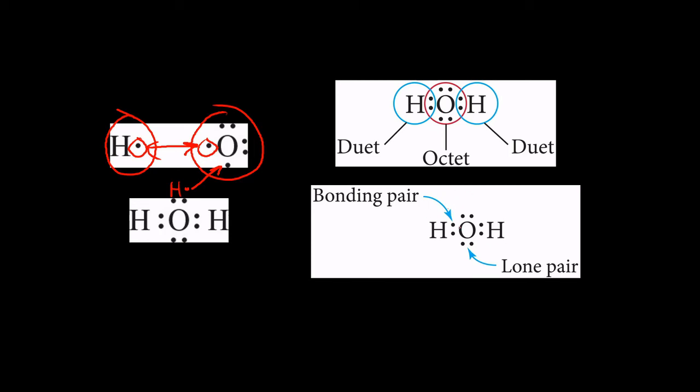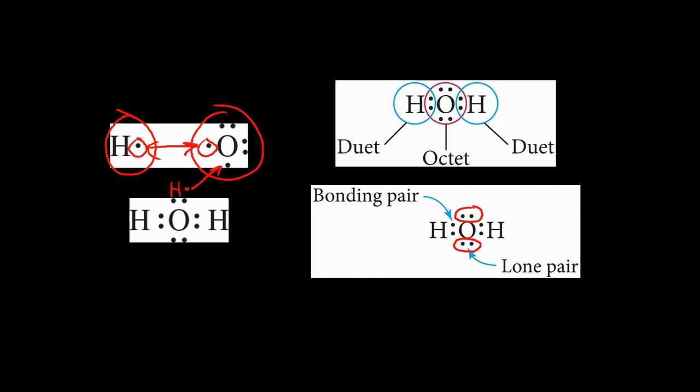Now you might notice that while everything here is in terms of pairs of electrons, not all the pairs are the same. So these 2 pairs here are participating in a bond, and so we call these bonding pairs because we are super original in how we name things. And then these are what we call lone pairs.